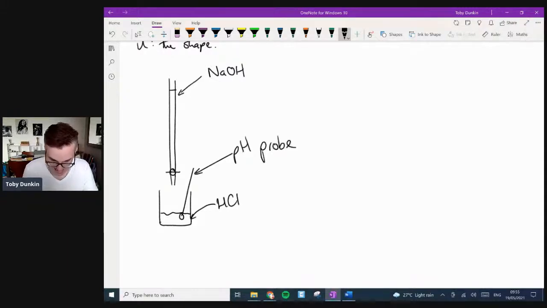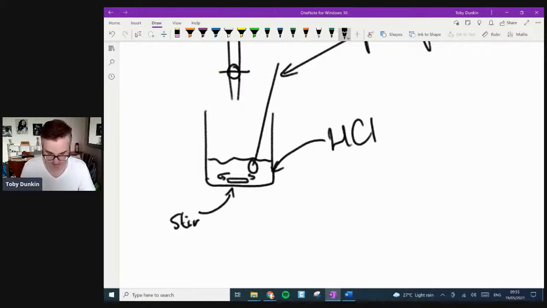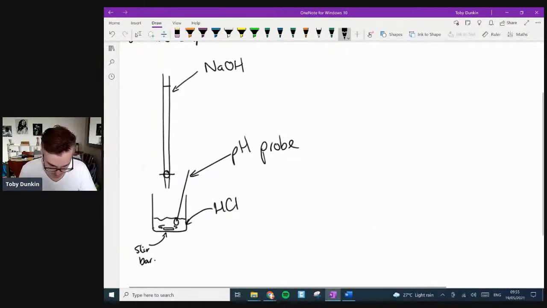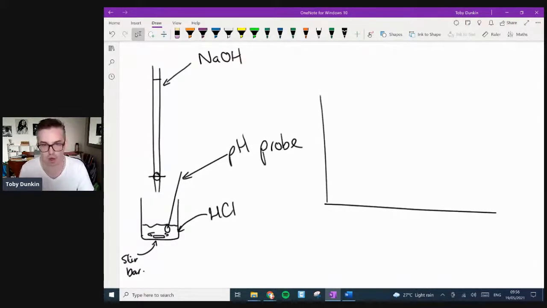So this has to be stirred. We could add a little stir bar, which will rotate. So this is a stir bar. This is actually quite important when you're doing titration curves. And what we're now going to do is create a graph of what happens to the pH as I add the sodium hydroxide to it.